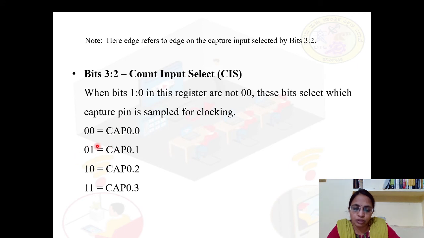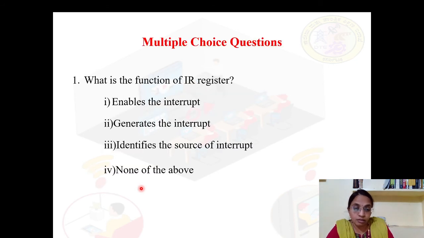If it is 0, 1, input is taken from the second capture pin. 1, 0, then third pin, 1, 1, then from the fourth pin the capture input is taken. Okay, so this is about the 11 registers of the timer.